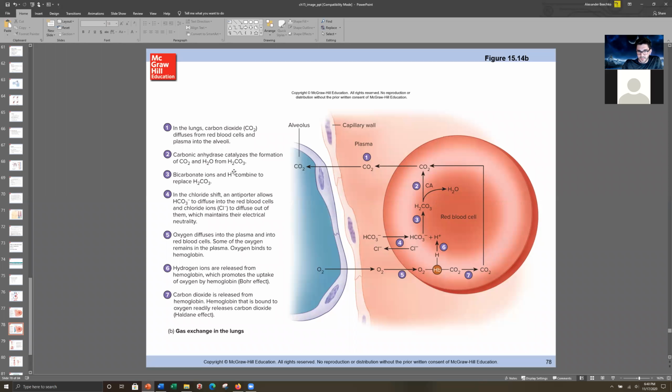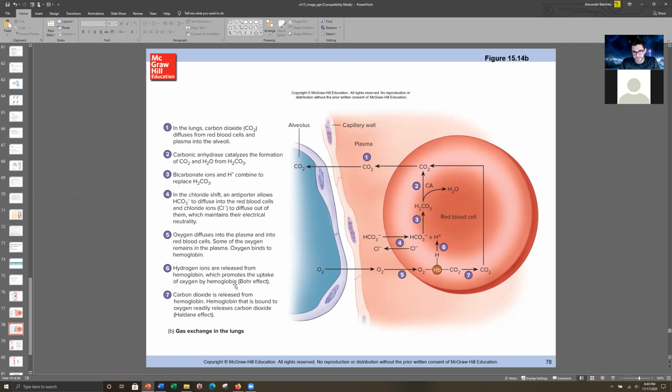Bicarbonate ions and hydrogen combine to replace it. The chloride shift antiporter allows bicarbonate to diffuse into the red blood cells and chloride ions to diffuse out, maintaining net electrical neutrality. Oxygen diffuses into the plasma and into the red blood cells. Some of the oxygen remains in the plasma, but most of it ends up bound to hemoglobin.